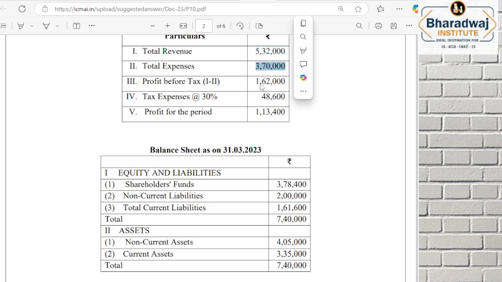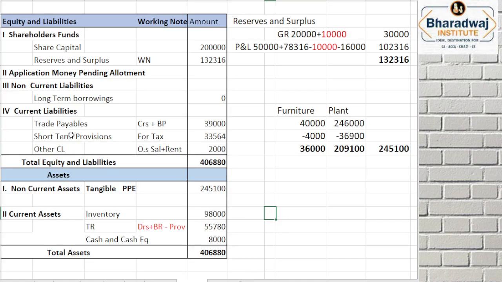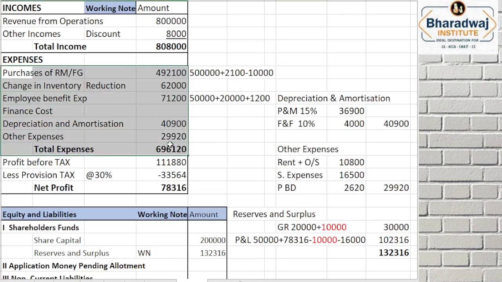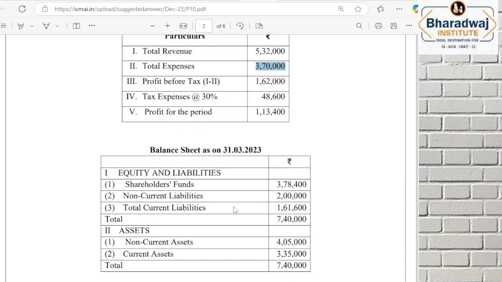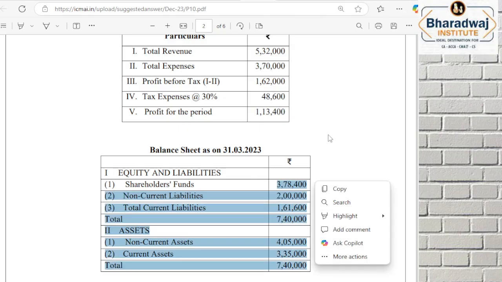Total of expenses, this is the PBT. Total of expenses means all the 5 heads of expenses. Minus tax will give us net profit. Check your answer.